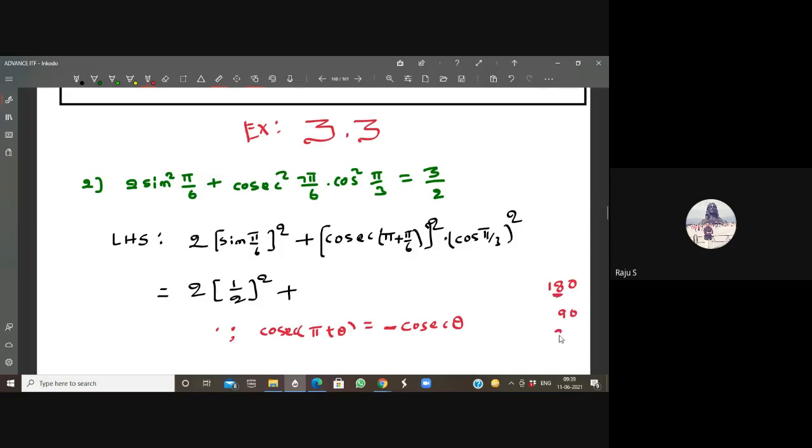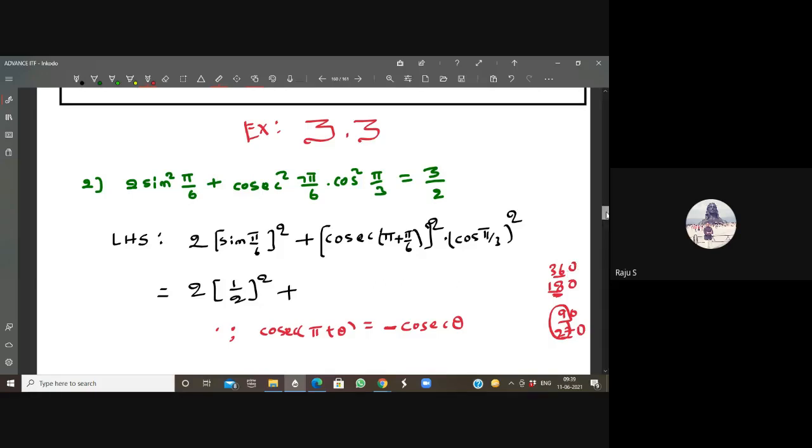Whenever we are having 90 or 270, cosecant becomes secant. And whenever we are having 180 or 360, which are even, cosecant becomes cosecant, cos becomes cos, tan becomes tan. This is important to remember.